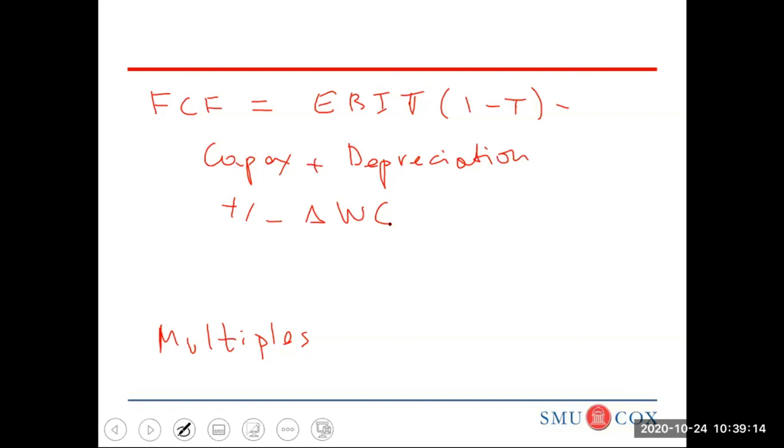When you look at current assets, you typically don't include cash, but everything after cash: accounts receivable, inventory on the asset side, and accounts payable on the liability side. You subtract current liabilities from current assets, and that gives you one point in time.